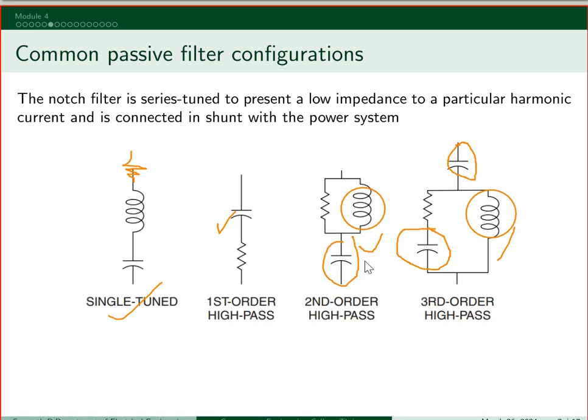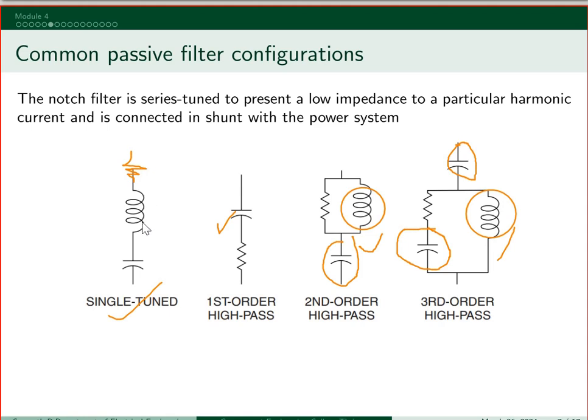So depending on the number of energy storage elements, you may have different orders. Normally the most common is the single tuned passive filter configuration, because most dominant harmonic components will be the lower order harmonics, and you'll be able to design or tune the filter to eliminate that particular, single harmonic component.